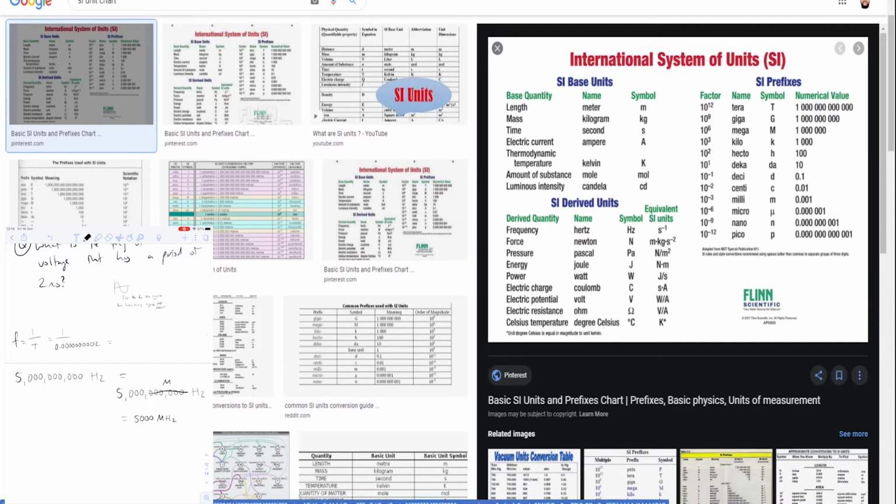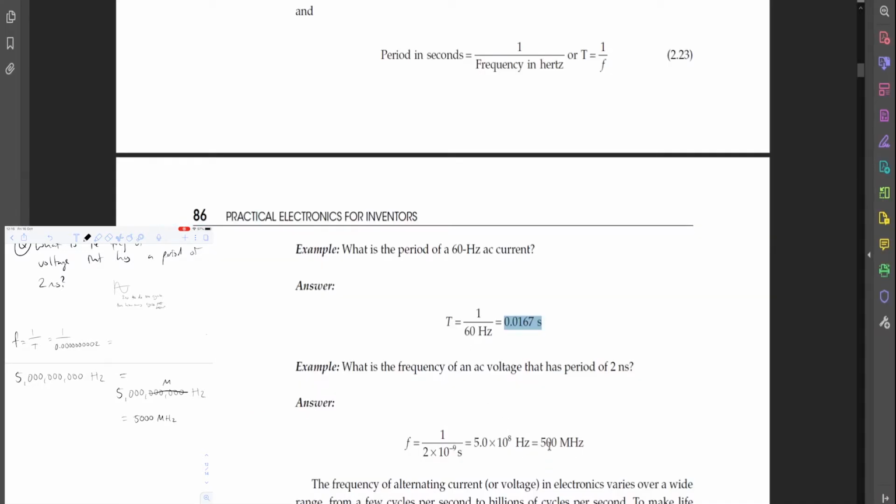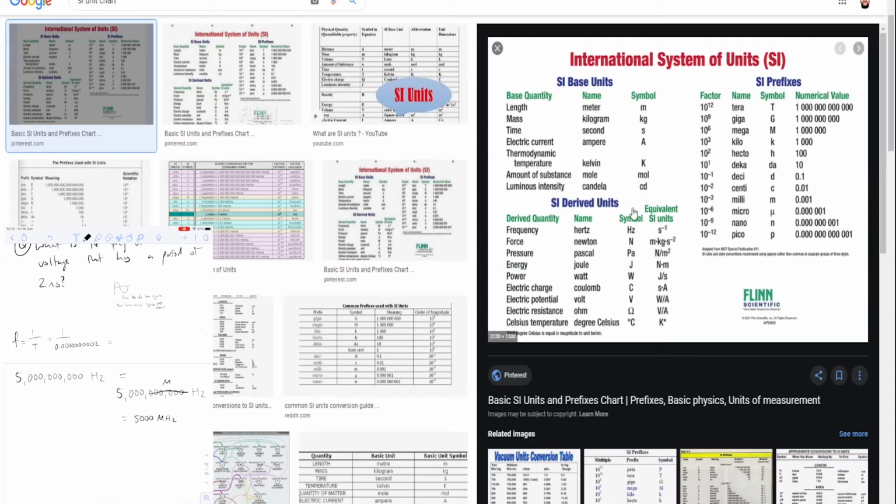Is that right? Yeah. Oh, 500, huh? Mega is a million. So only knock off five. Ugh, I'm not comfortable with this converting through the units.